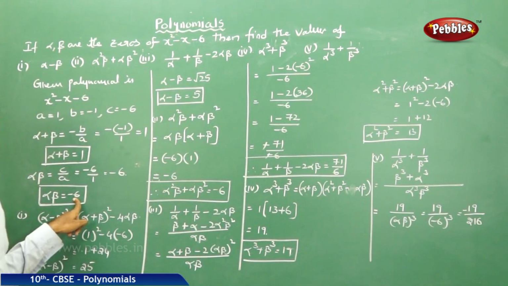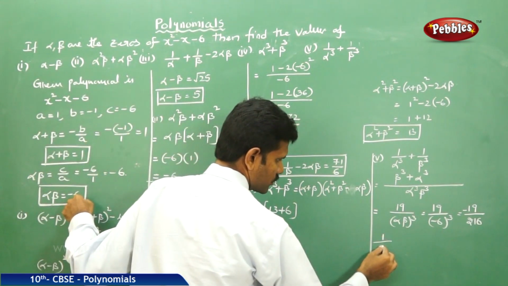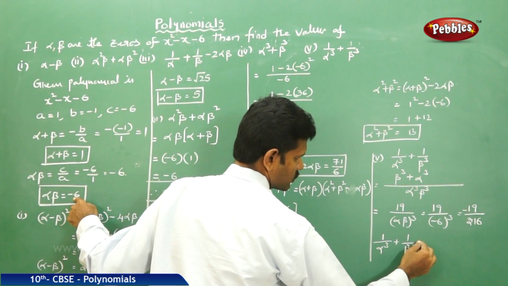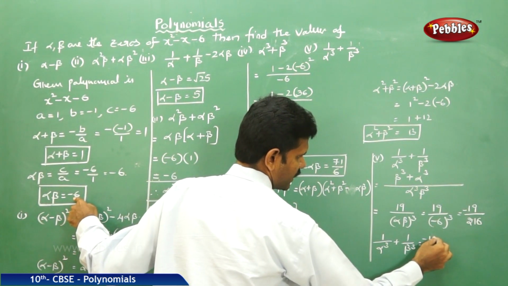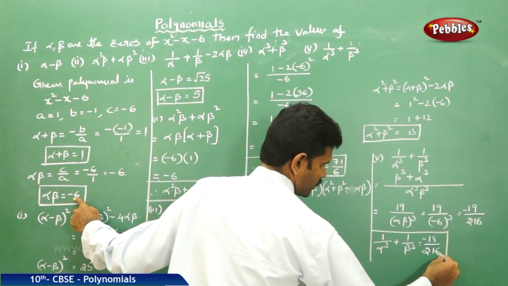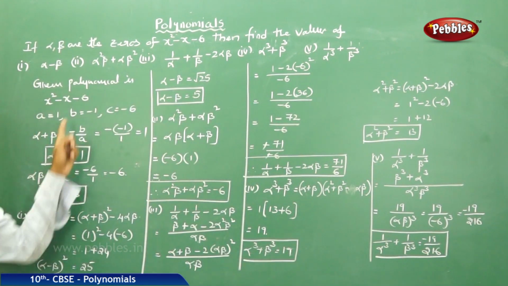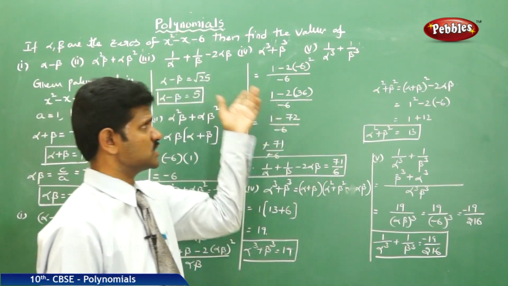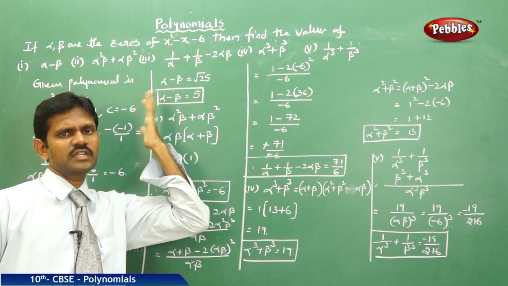Therefore the answer is 1 by alpha cube plus 1 by beta cube is equal to minus 19 by 216. Okay, hence all the 5 parts are completed, but here we have to observe that each part is linked with its previous part.